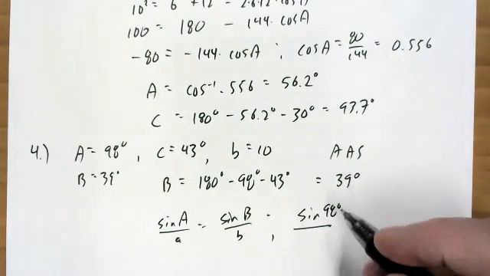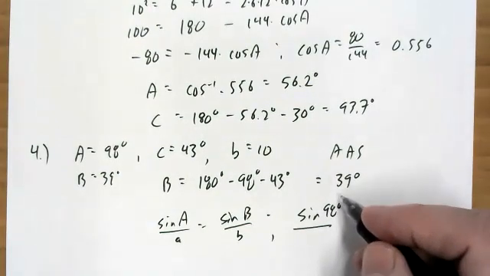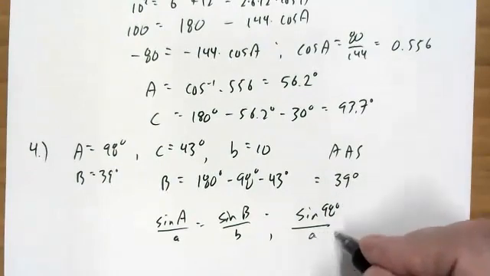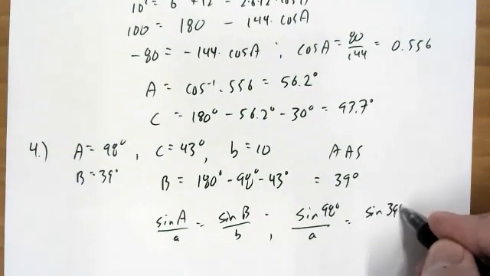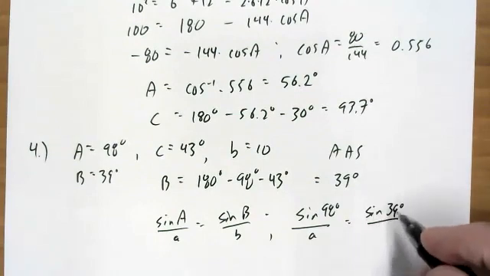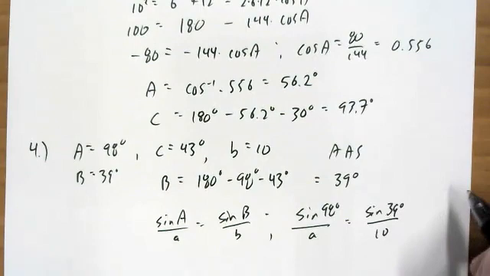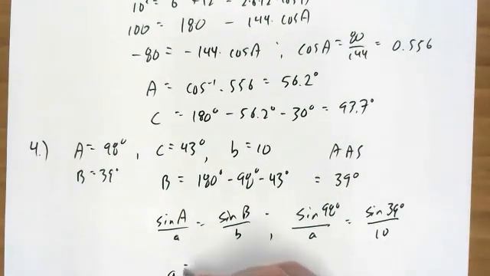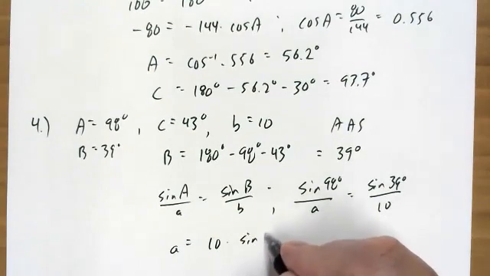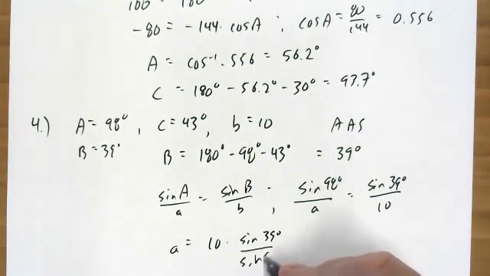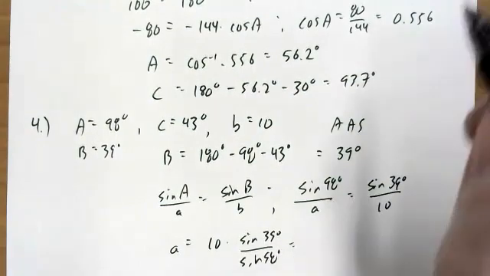Sine of 98 degrees over A equals sine of 39 degrees over 10. So A equals 10 times the sine of 39 degrees over the sine of 98 degrees.